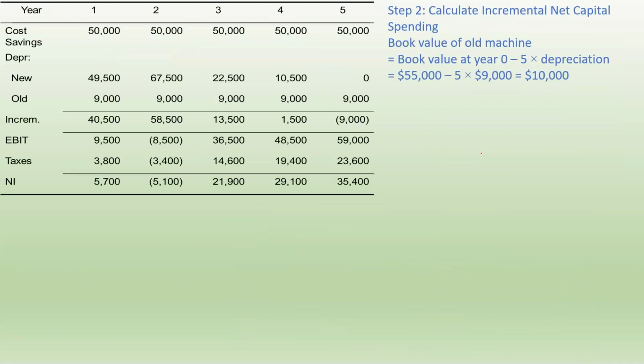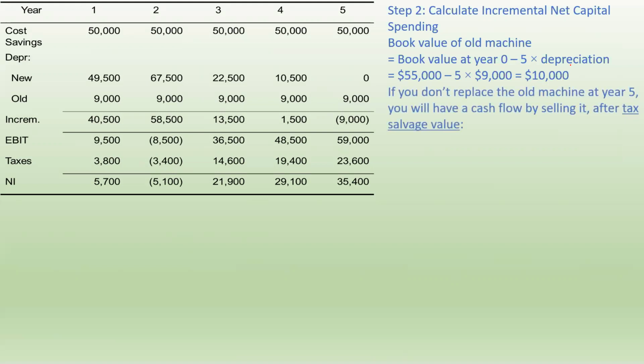And the incremental net capital spending, so the book value of the old machine at year 0 minus 5 times the depreciation is 10,000. Those are at the last year. So if you do not replace the old machine at year 5, you will have a cash flow by selling it. This is the cash inflow.